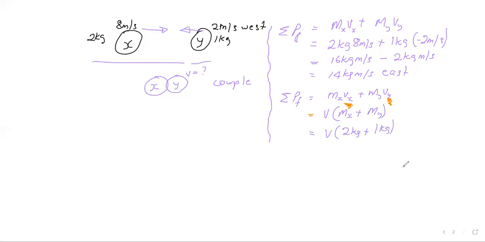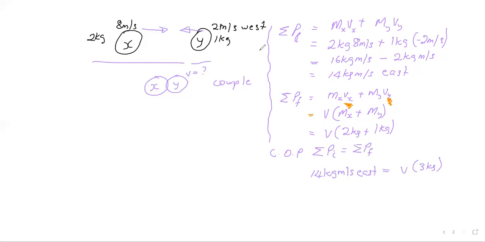Therefore, by conservation of momentum, the sum of the initial momentum before collision is equal to the sum of the momentum after collision. So 14 kg meter per second east is equal to v times 3 kg.